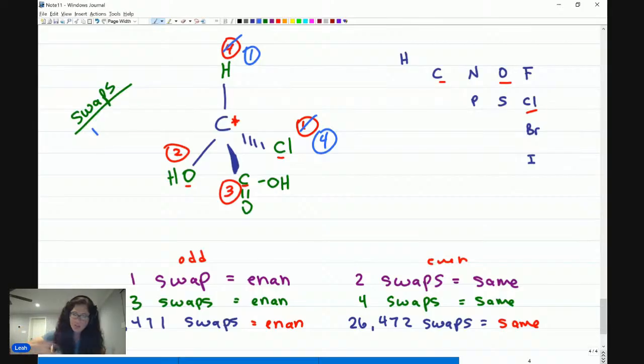Now, I don't want any confusion, so I will always do a second swap, because the second swap is going to undo the first swap, even though it's any other groups, because then if I have an even number of swaps, the molecule will have the same exact chirality as what I started with, and then I can very easily rank them.